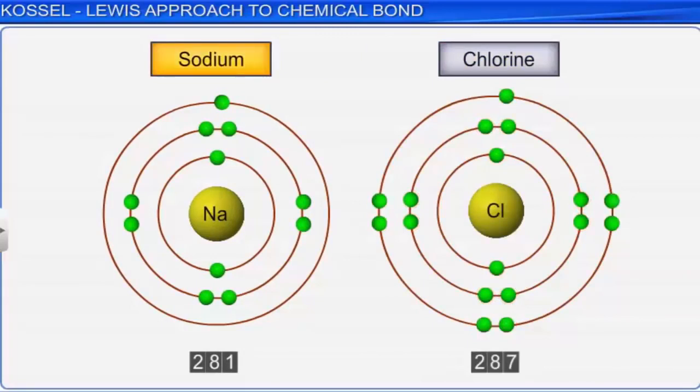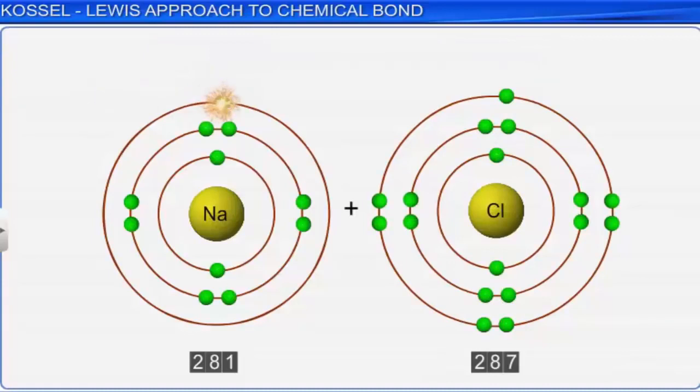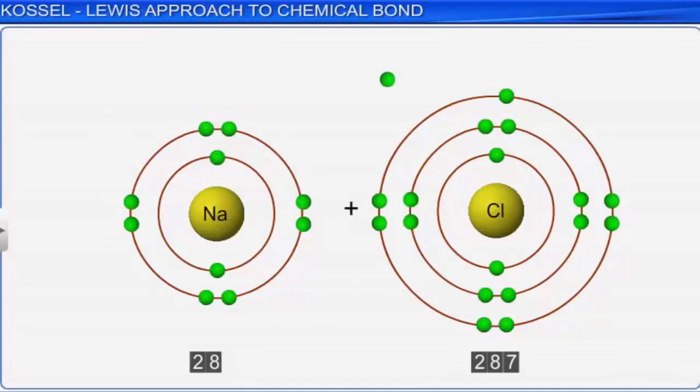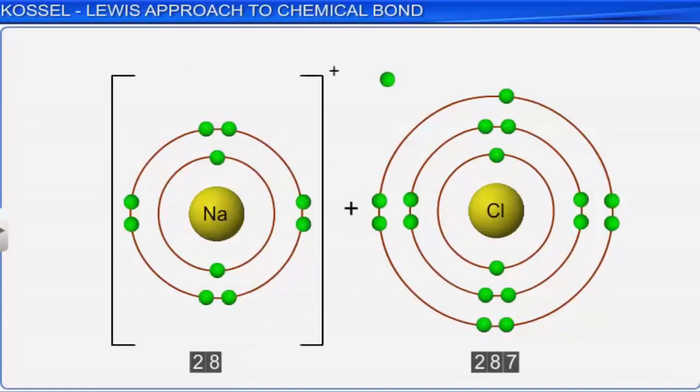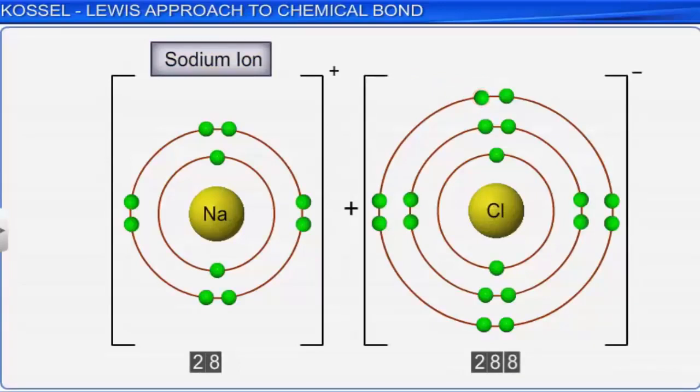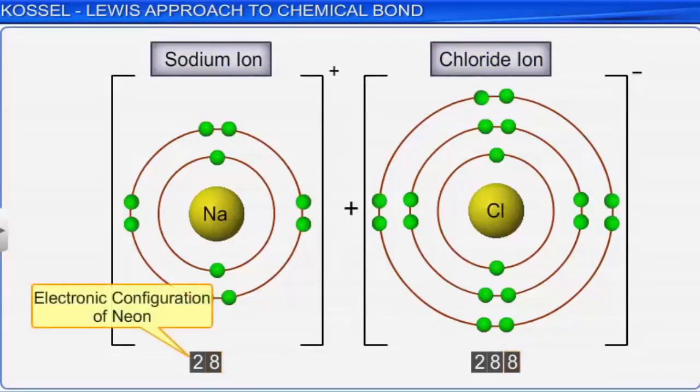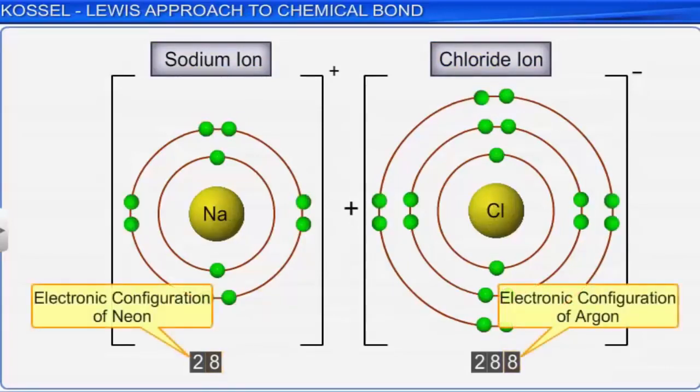When both sodium and chlorine combine together, sodium loses its one valence electron and forms a positive ion, that is, sodium ion, whereas chlorine gains the one electron lost by sodium and forms the negative ion, that is, chloride ion. The sodium ion and the chloride ion attain the octet configuration of neon and argon respectively.